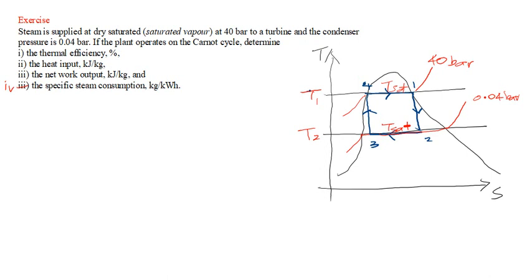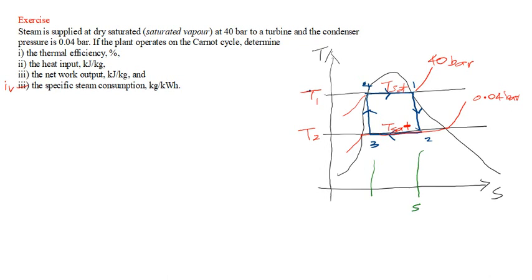Okay, so this is all the pressure, and as far as the temperature is concerned, this is where we can sketch and name all these points 1, 2, 3 and 4.